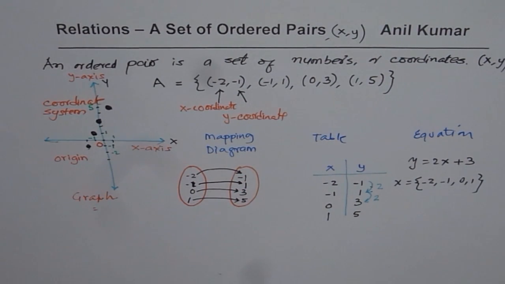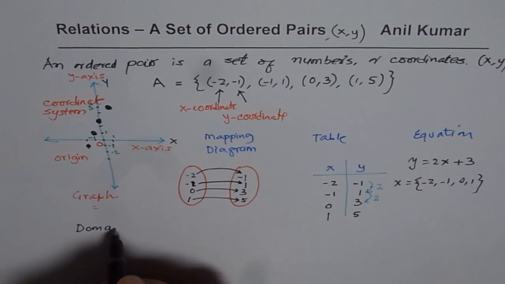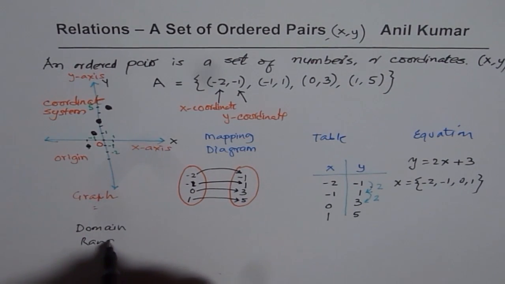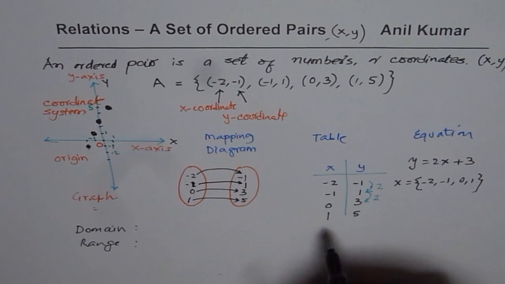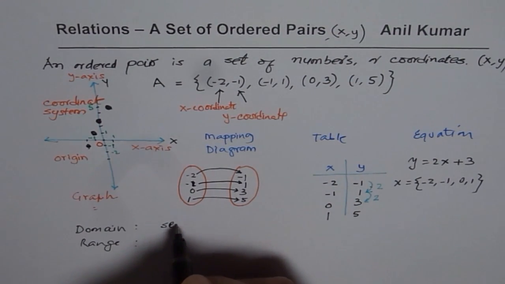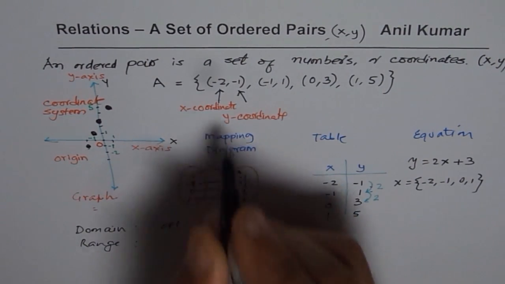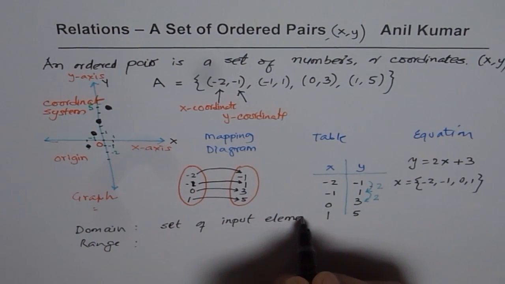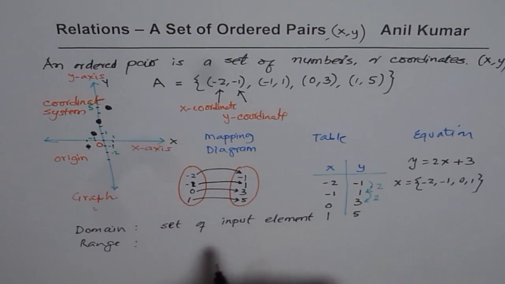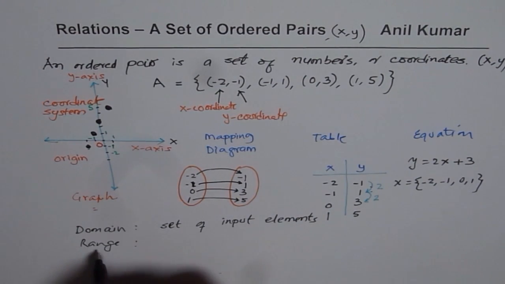Now when we read about relations, we'll also come across another pair of terms, domain and range. Let me introduce you to these two terms also. Domain in our case is the set of inputs. So we represent them as a set of input elements. We use the word elements. So each individual here is an element, a set of input elements, and the output is the range.